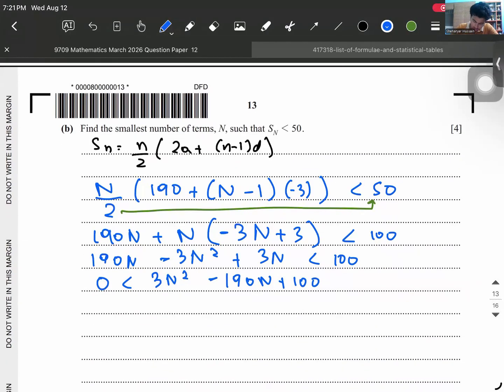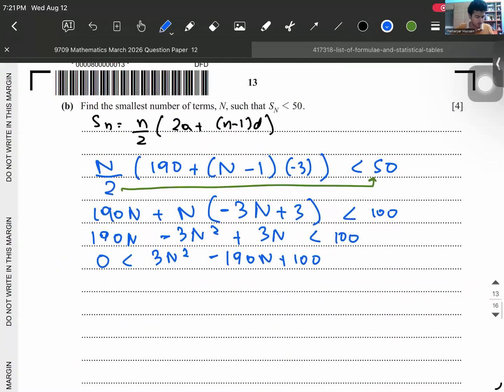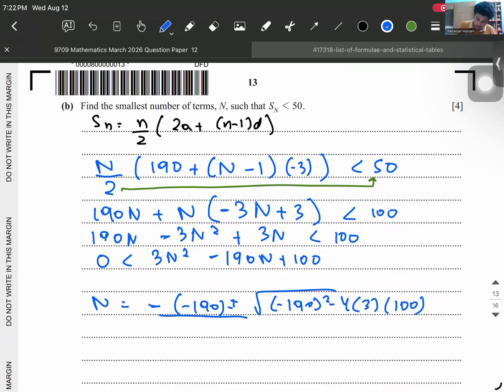Let's solve this equation. Let's plug it into the calculator using shift, or we can use the quadratic formula as well. Negative b, which is 190, plus minus the square root of 190 squared minus 4 into 3 into 100, upon 2 into 3.